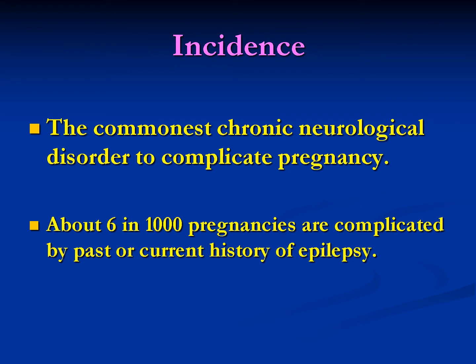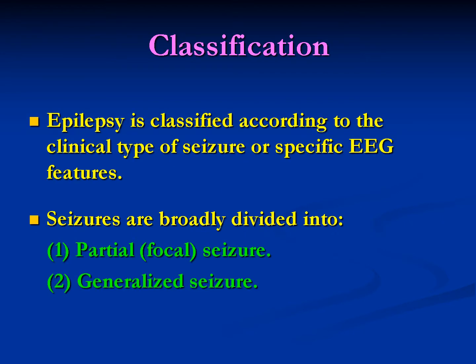About 6 per 1000 pregnancies are complicated with a past or current history of epilepsy. Regarding the classification, it's classified according to the clinical type of seizures and the specific EEG features. These seizures may be partial or focal seizures, or generalized seizures.